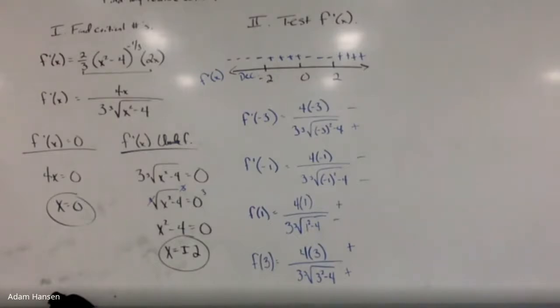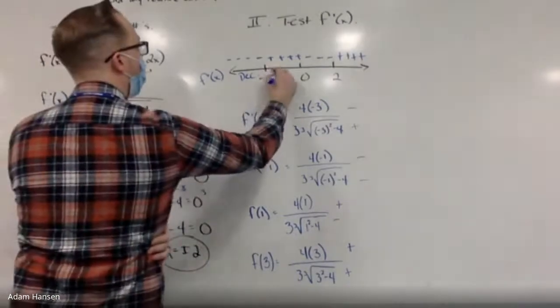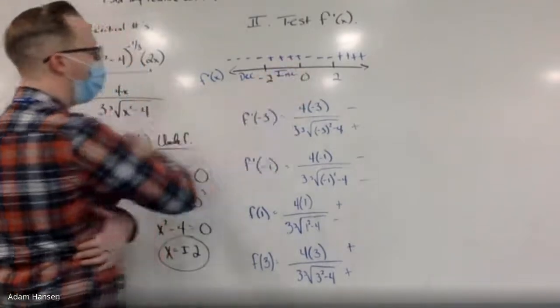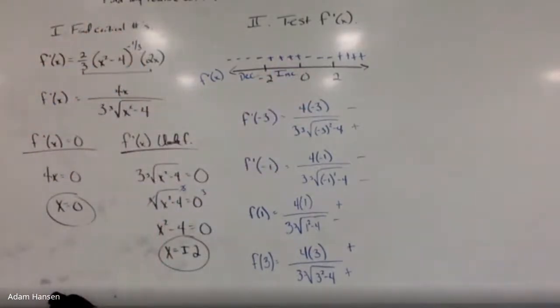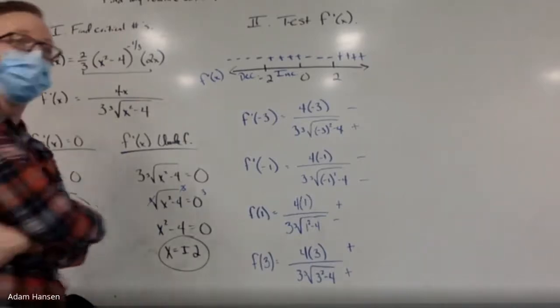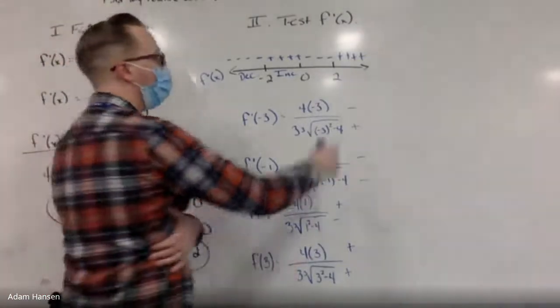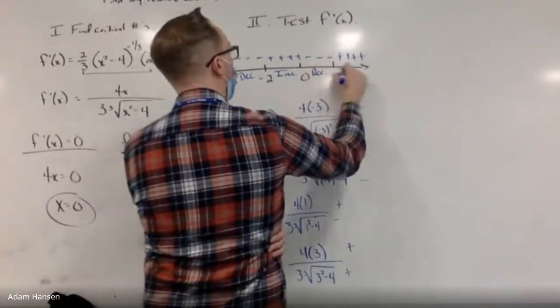What's the sign of the derivative from -2 to 0? So is it increasing or decreasing? From 0 to 2, increasing or decreasing? Decreasing, and then increasing after that.